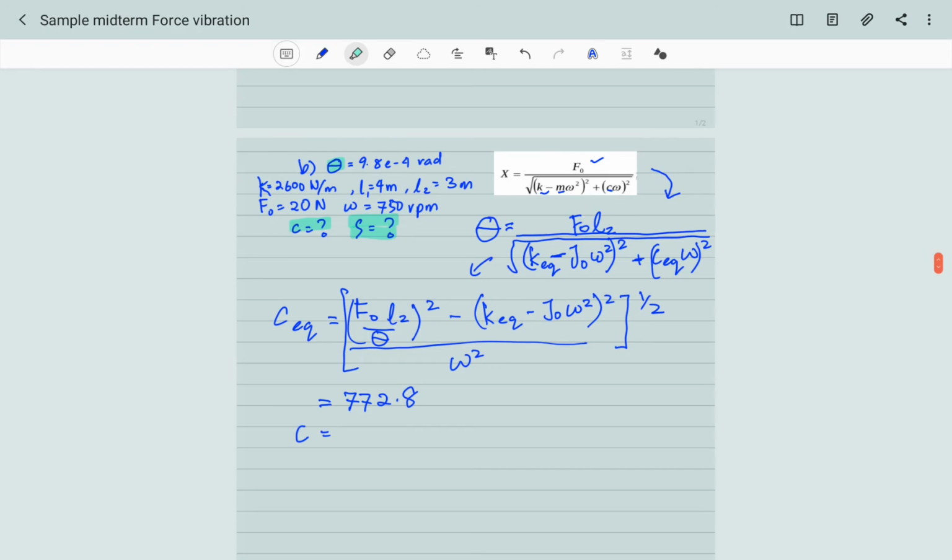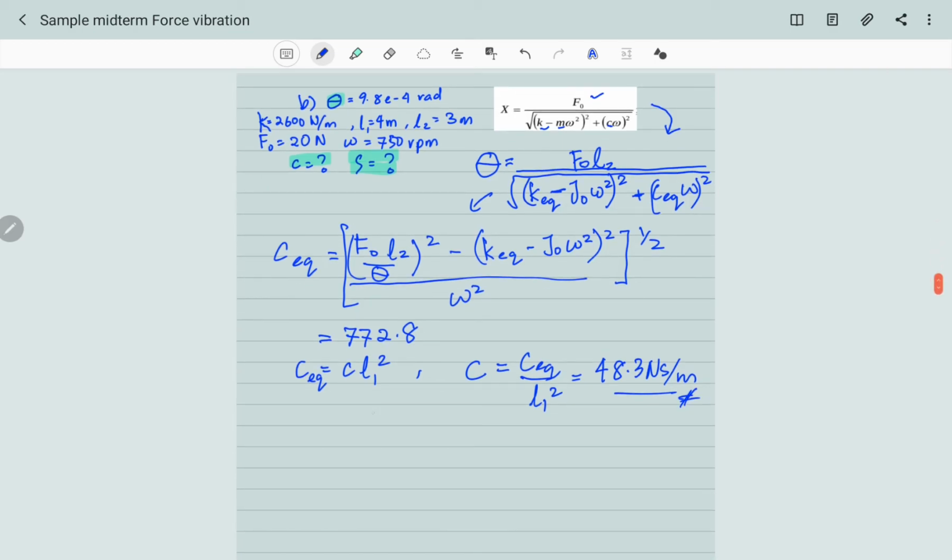So you can calculate your C as your C equivalent divided by L1 square. Because all the values are already there, you substitute and finally get your C.